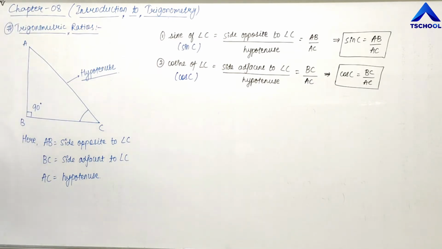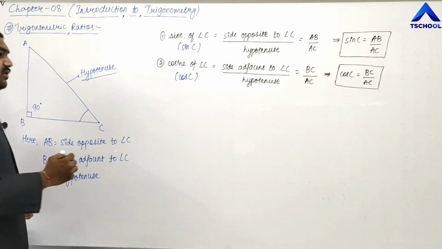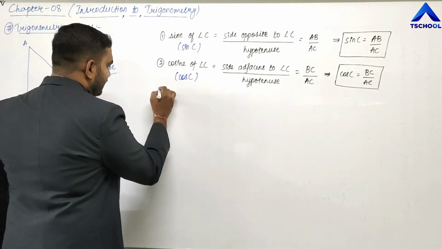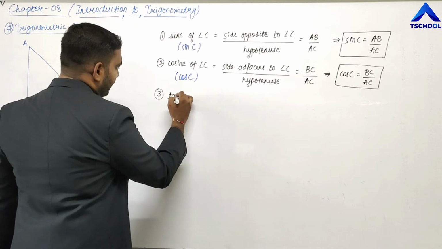Now the third ratio that we have is the tangent.